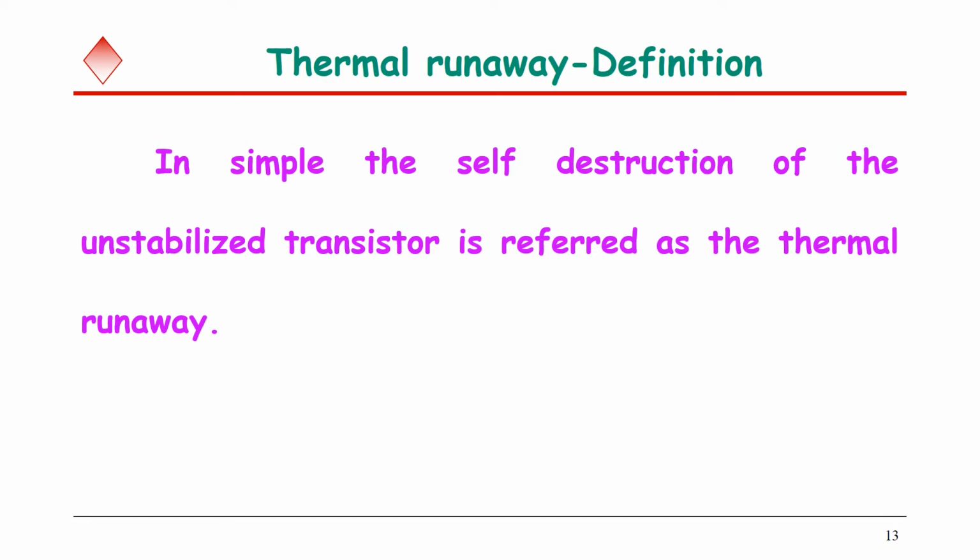The Q point is nothing but the coordinates of VCE and IC. If the collector current IC itself is varying, then the Q point will be located either at the bottom or at the top of the load line, not exactly at the middle of the load line. That's why thermal runaway plays a very significant role in the stabilization of the transistor.